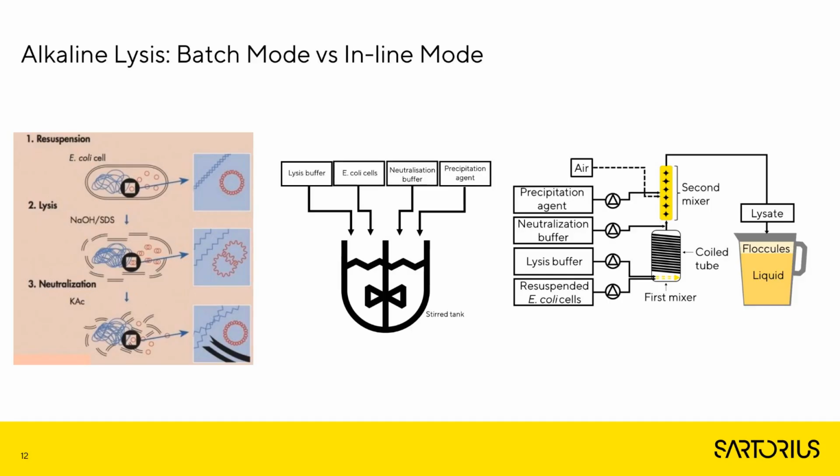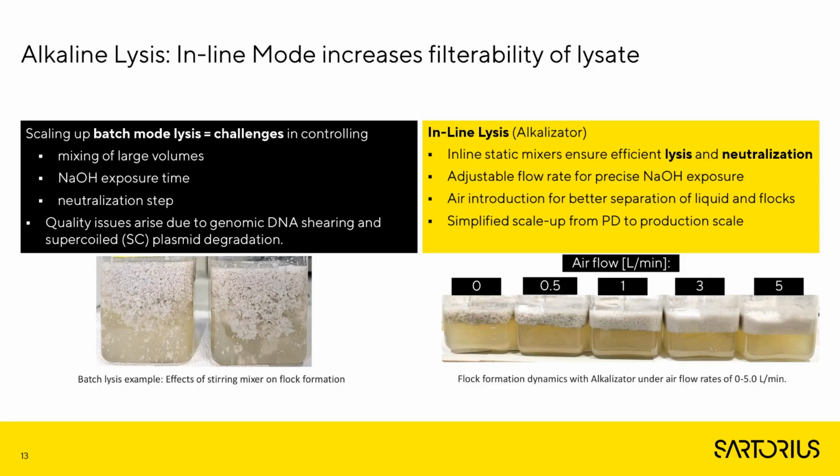Why is this important? The first reason would be a seemingly trivial one. If you perform batch lysis, neutralize and flocculate your material, you get the product of the quality on the left-hand side. You quickly see it's a mess, and you can imagine how it is to filter this mess. You clog up all your filters.